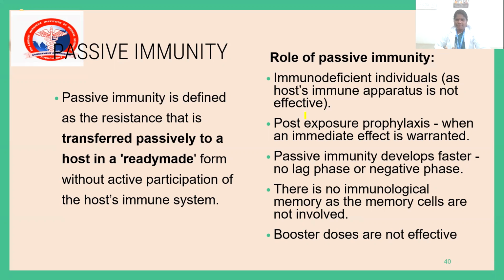In case of post exposure, which I already mentioned, rabies or hepatitis, you can only give ready-made immunoglobulins, and passive immunity develops faster. That is because there is no lag phase or negative phase. What is meant by lag phase, we will discuss later. There is no immunological memory, so it won't develop the immunity again. The booster doses are not effective.